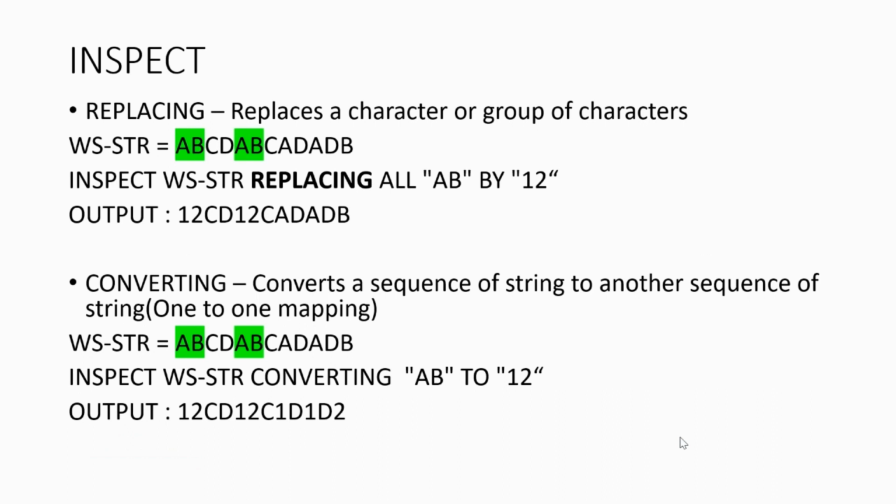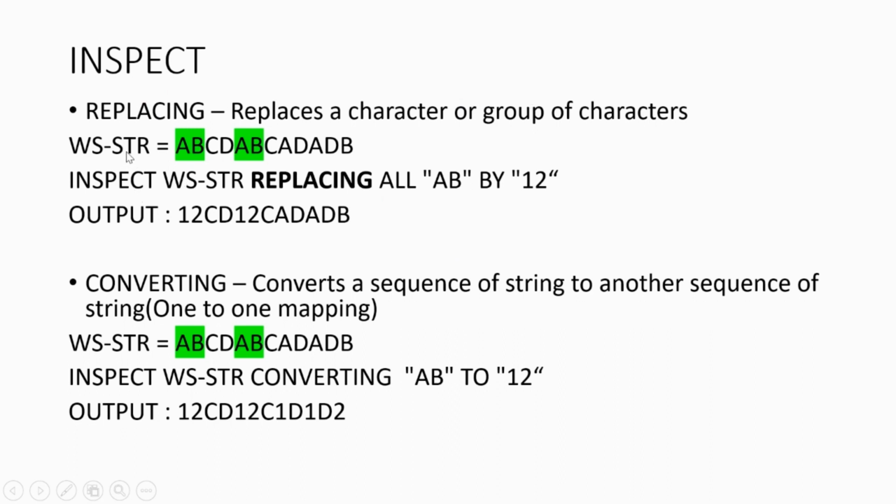Before moving ahead, you should know the difference between REPLACING and CONVERTING under INSPECT. If you use REPLACING with the INSPECT keyword, it replaces a character or group of characters.